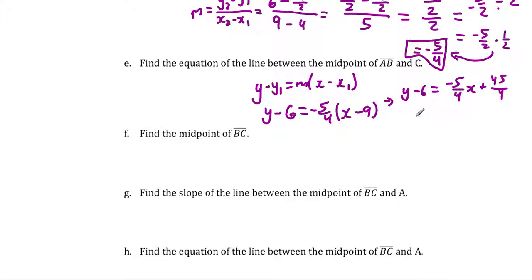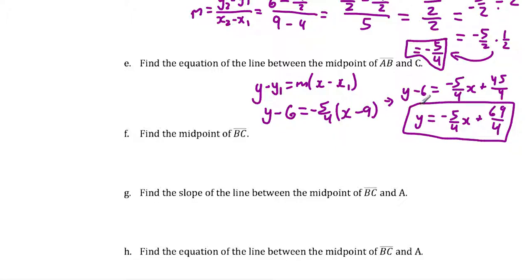And then if I add the 6, y is equal to negative 5/4 x. If I add the 6, that's 24/4. So if you do 45 plus 24, that's going to be 69/4. And leave these as fractions. It's going to make your life a whole lot easier.